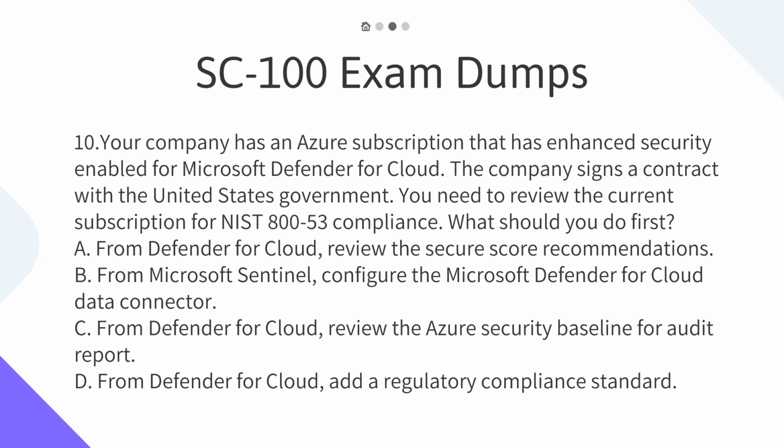A. From Defender for Cloud, review the Secure Score recommendations. B. From Microsoft Sentinel, configure the Microsoft Defender for Cloud Data Connector. C. From Defender for Cloud, review the Azure Security Baseline for Audit Report. D. From Defender for Cloud, add a regulatory compliance standard.